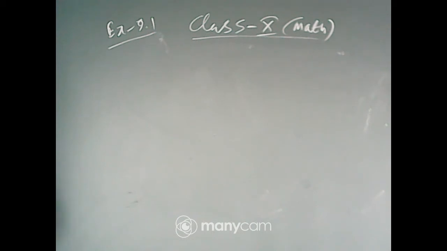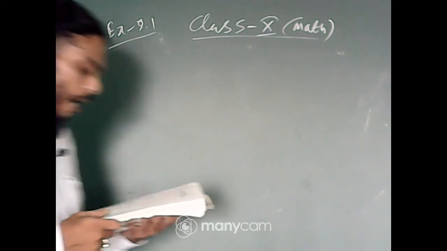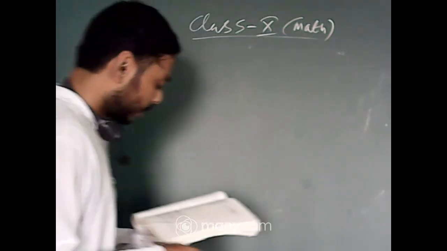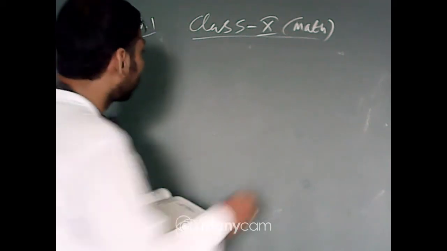A circus artist is climbing a 20-meter long rope which is tightly stretched and tied from the top of a vertical pole to the ground. Find the height of the pole if the angle made by the rope with the ground level is 30 degrees. Here you are asked to find the height of the pole. Also the figure is given.